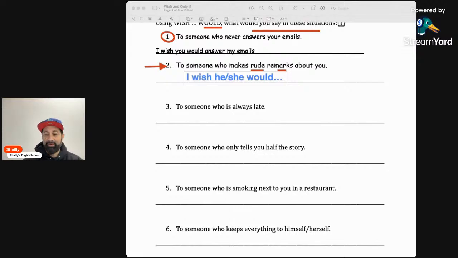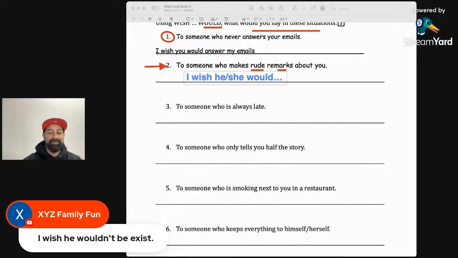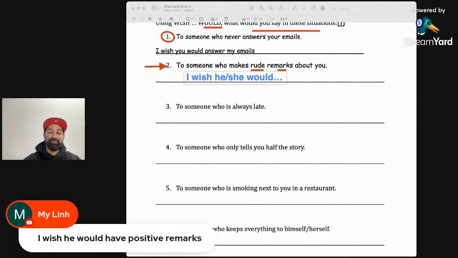All right. So XYZ, I wish he wouldn't exist. Wow. Very harsh comments, XYZ. But yeah, good grammar. But get rid of the B. Exist. We don't need a B verb there.